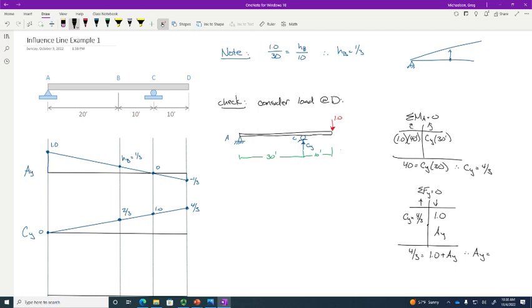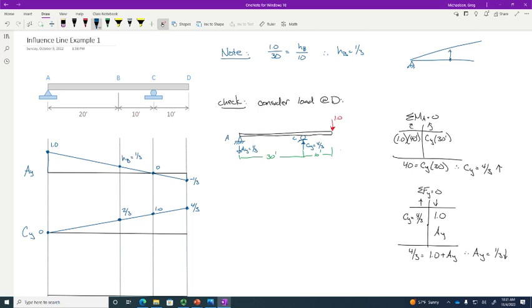AY is 1/3 going down. That one's going up. So AY is 1/3 going down, CY is 4/3 going up. That's exactly what we got on the influence line. When we put the load here, AY is negative 1/3, CY is positive 4/3. Exactly.